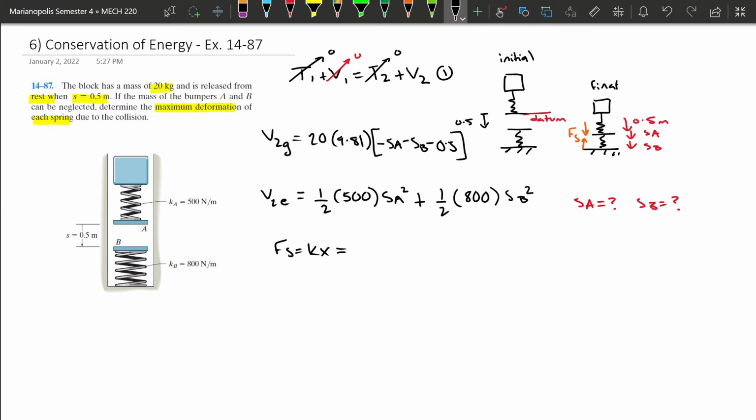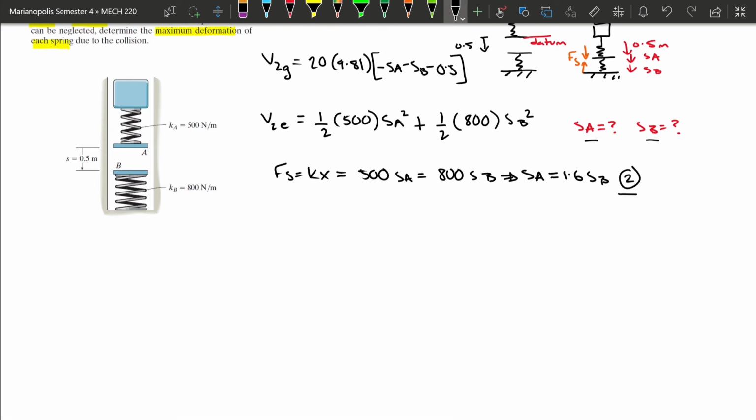So I'm going to have 500 times SA is equal to 800 times SB. Solving for SA, it gives me 1.6 SB. Perfect. So now I have basically two equations, equation 1 over here and equation 2, and two unknowns, SA and SB. So now I can solve.